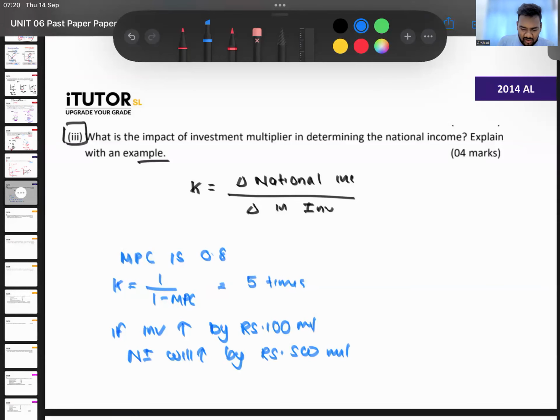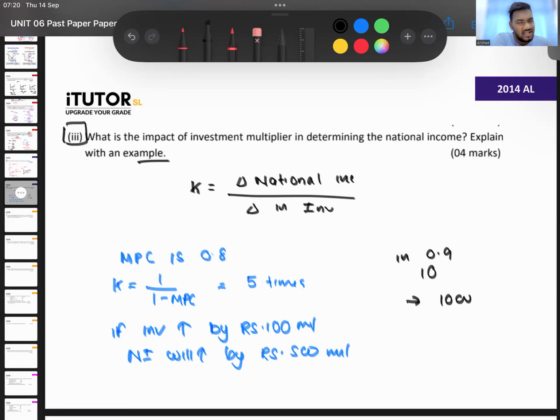And also, if you want, you can give another example, and you can say, in the event when MPC increases, right? When MPC increases to, let's say, 0.9, then the multiplier will become 10, and then national income will increase by 1,000. Your initial increase of 100 will lead to an increase of 1,000. And you can give a small numerical example like that.